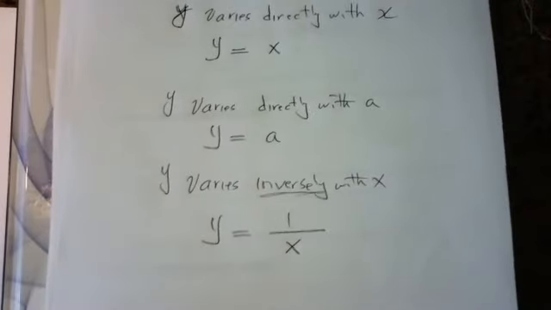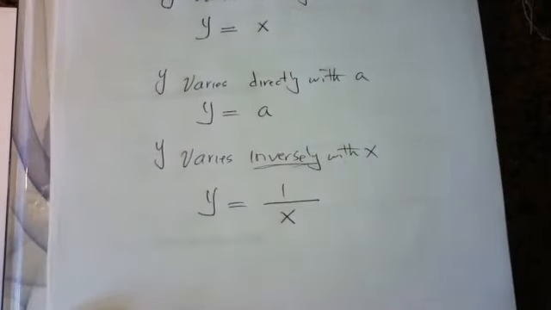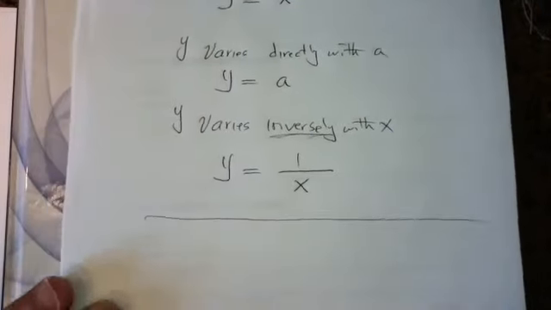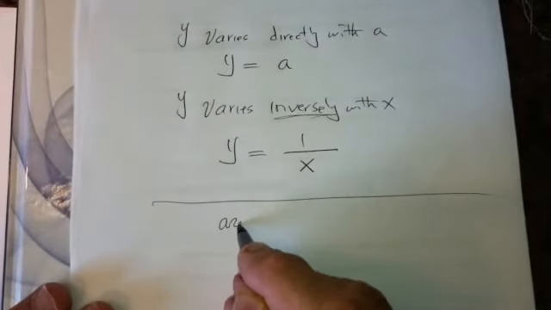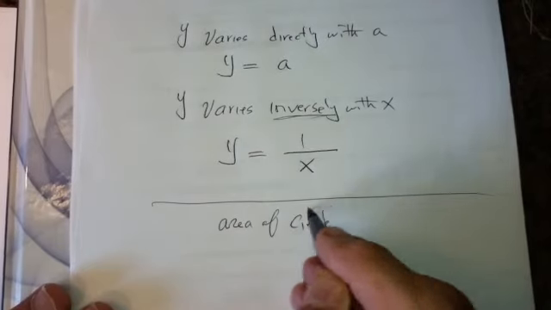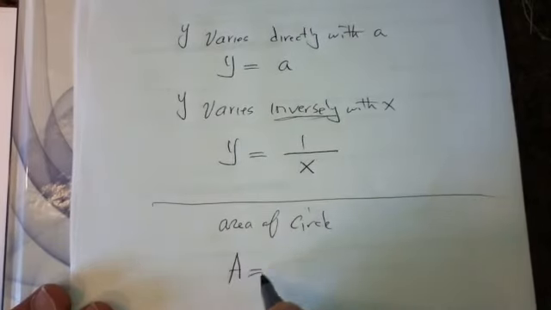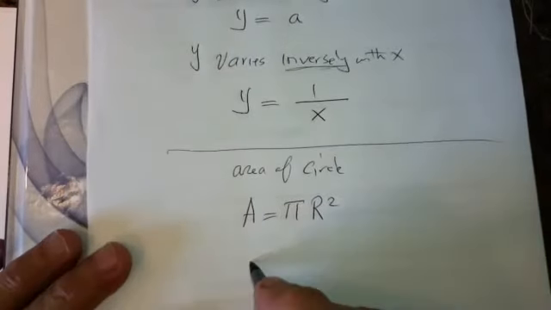Now, when you write the equation, there is always a constant. Like here, what is the area of the circle? You don't need to know, but the area of the circle, A, is pi r squared.